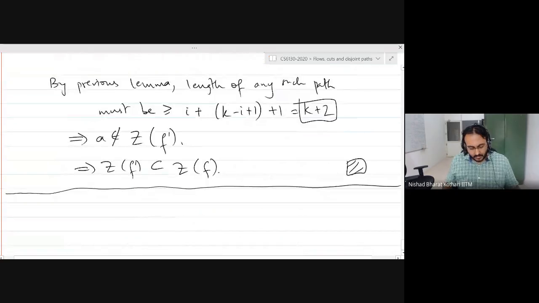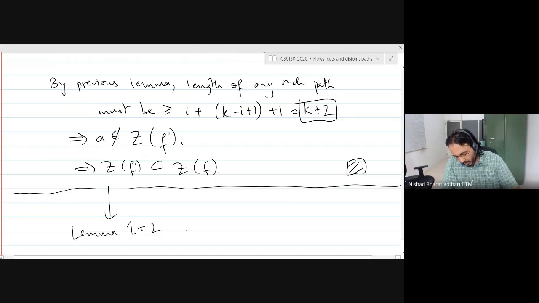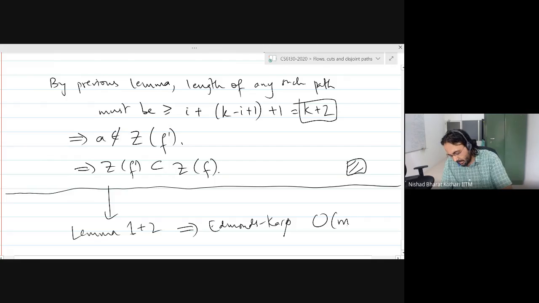Good. Well, so those two lemmas show us that the number of times you have to do incrementations is order m times n, and each incrementation takes order m time. And so because of these lemmas, lemma 1 and 2, we conclude that the Edmonds-Karp algorithm has complexity order m squared n.